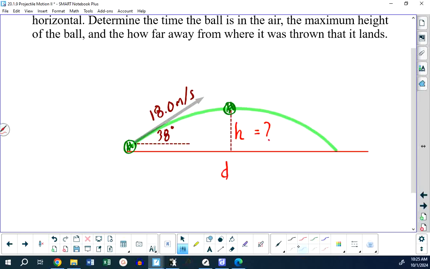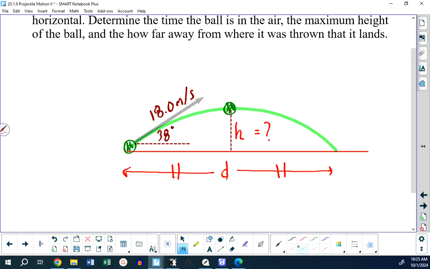What is this distance, which is often called the range of the projectile? And by the way, it's not drawn perfectly, but this distance and this distance should be equal. Gravity doesn't change while the ball's in the air.